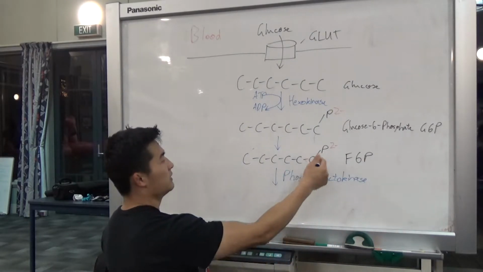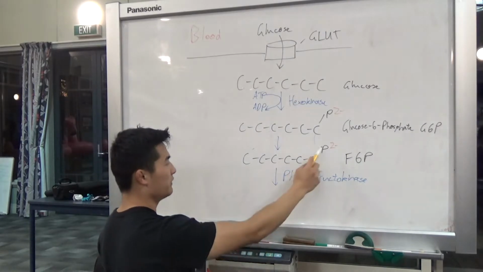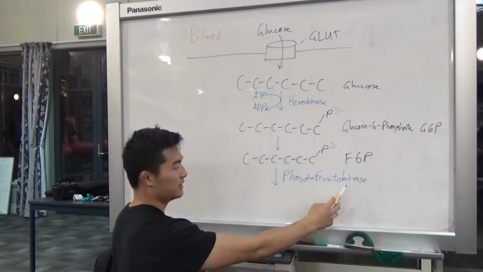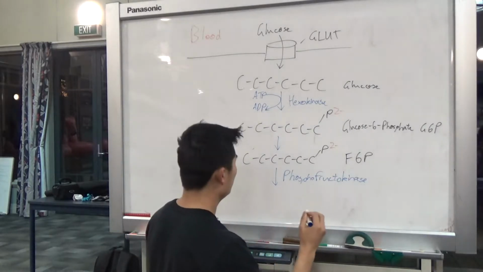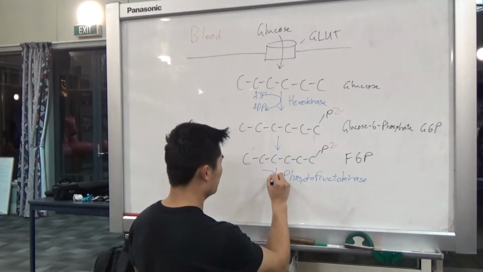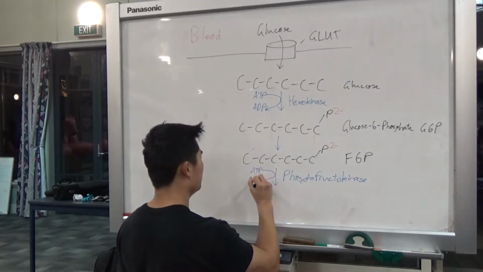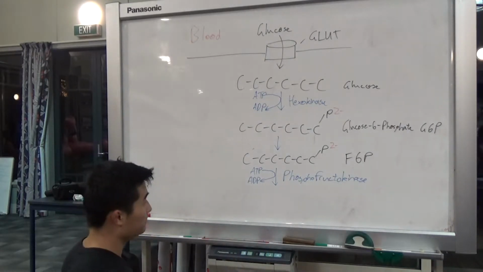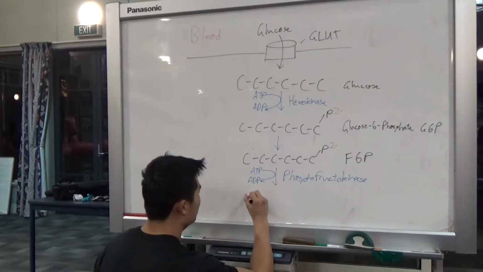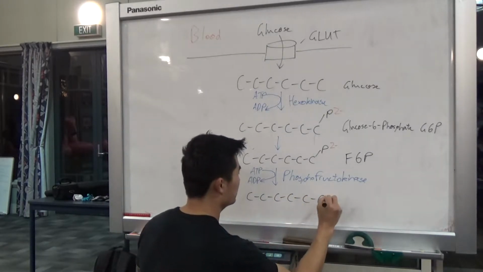This is a phosphofructose. It's a fructose molecule with a phosphate attached to it, and it's a kinase, so it'll put a phosphate group on it. And this is also going to use another ATP. So we've got ATP being turned into ADP. Then we have 1, 2, 3, 4, 5, 6.